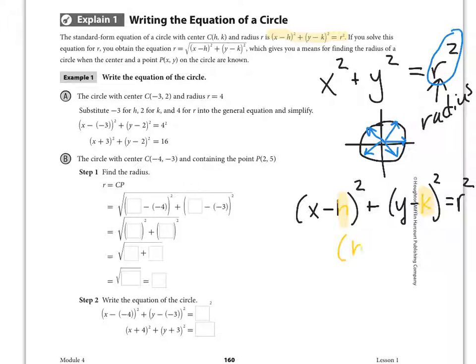So h comma k is the center. So if you know the center point of your circle and you know the radius, then you just substitute in for h, substitute in for k, substitute in for r, and you have your equation for the circle.